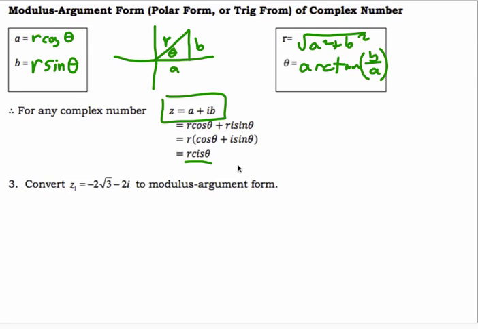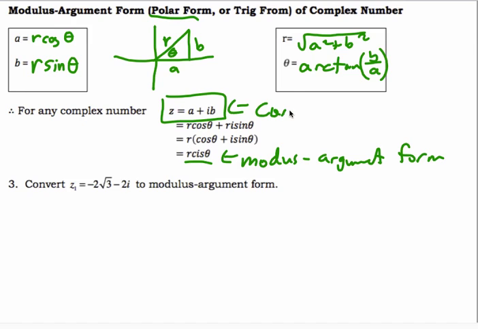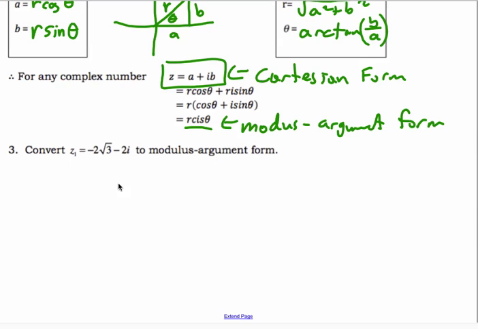This is modulus argument form, sometimes called polar form or trig form. It's got a modulus and an argument, so it's called modulus argument form. This one's called Cartesian form because it's just like plotting coordinates. We'll look at one more form a little bit later on.